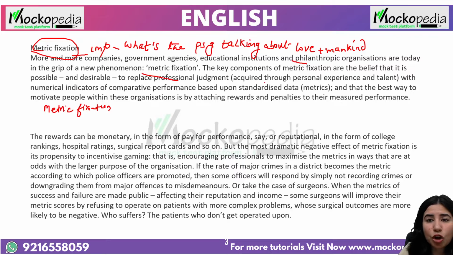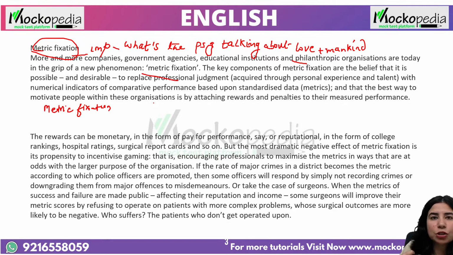Now, the key components of metric fixation are the belief that it is possible and desirable to replace professional judgment acquired through personal experience and talent with numerical indicators of comparative performance based on standardized data, that's metrics, and the best way to motivate people within the organization is by attaching rewards and penalties to their measured performance.